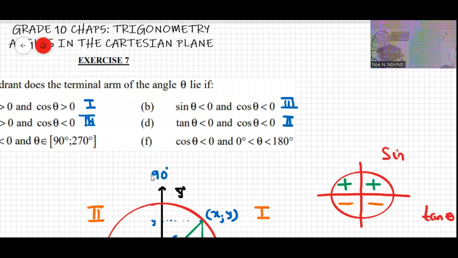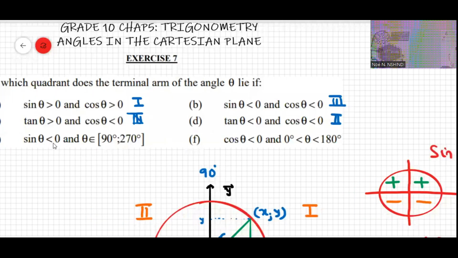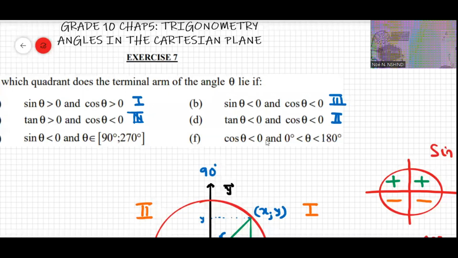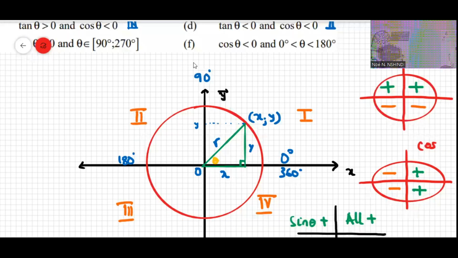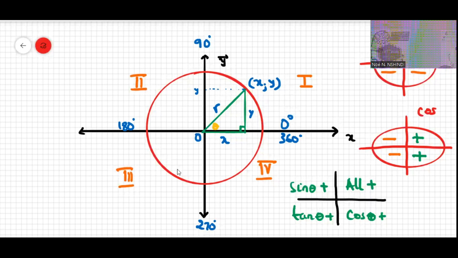Now, over here, it is said that sine of the angle is negative, and then the angle is between 90 degrees and 270 degrees. So if you see 90 degrees and 270 degrees, we're talking about this part only. Okay, let me highlight it, this part only. Yes, it's only this part from 90 degrees to 270 degrees.